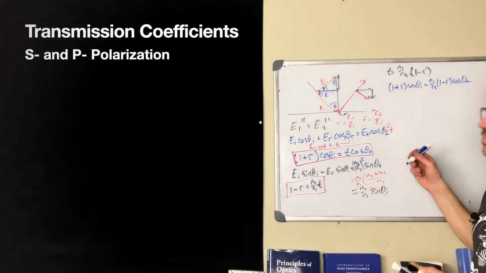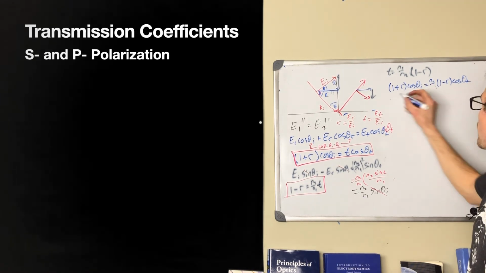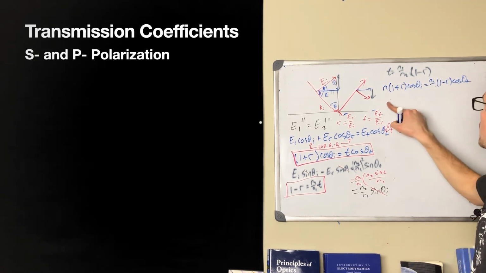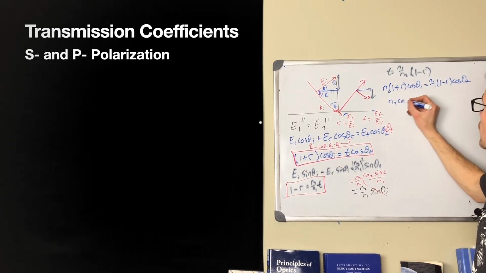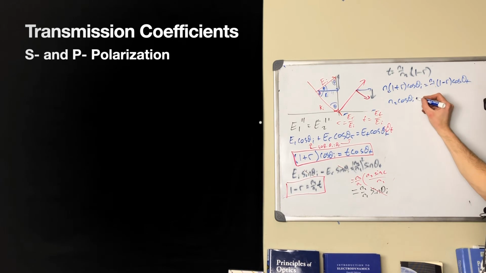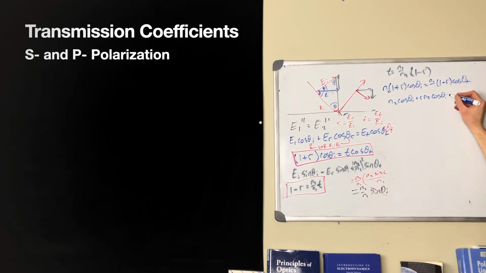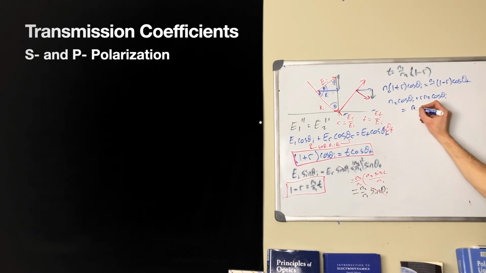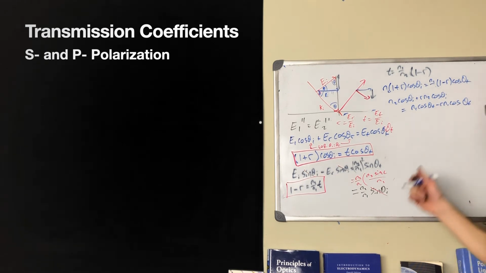So let's do that. Let's just blow it up and brute force it. We'll get an N2 on the other side just to make our lives a bit easier, I think. And we get N2 cos theta I plus r N2 cos theta I is equal to N1 cos theta t minus r N1 cos theta t. All right, just blasting away, expanding the whole thing.